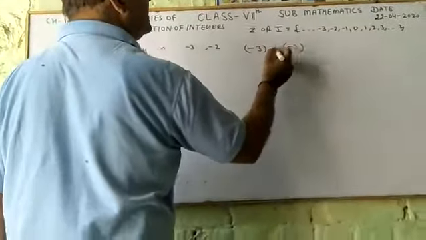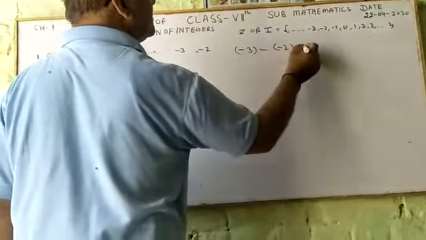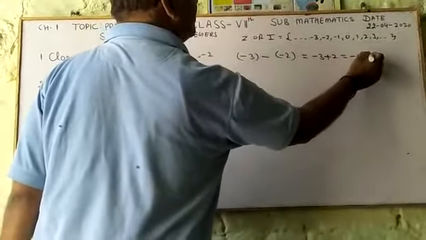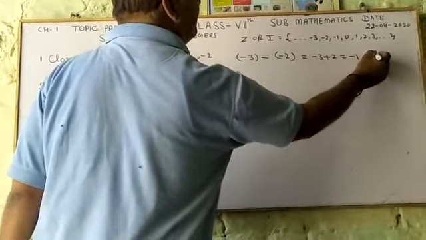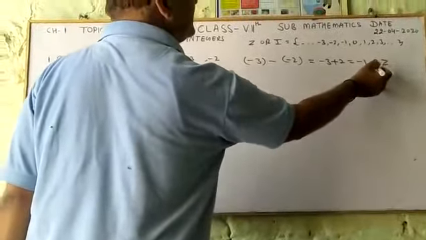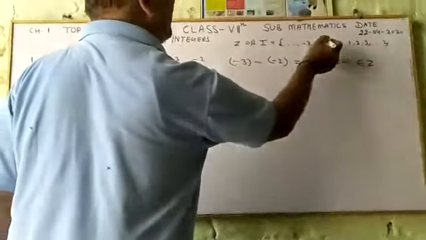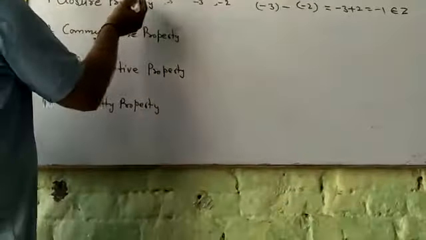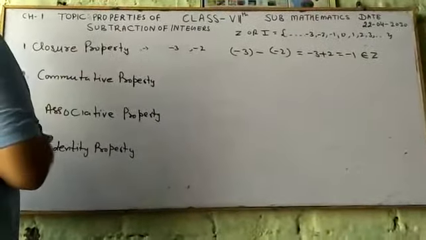So -3 minus -2 is -3 plus 2, which is -1, and -1 already belongs to Z. Z means -1 is already an integer. So the closure property applies to subtraction of integers.